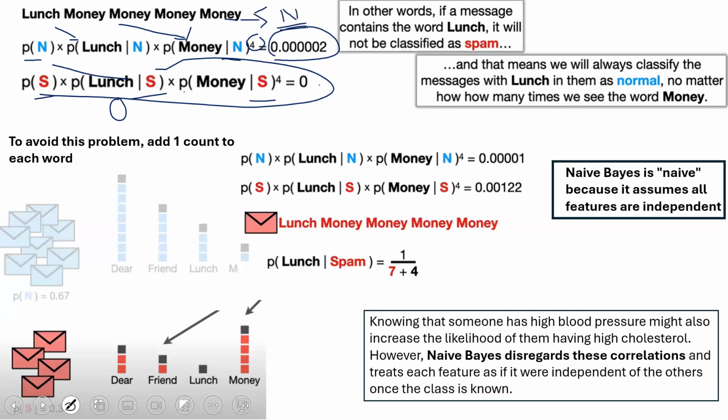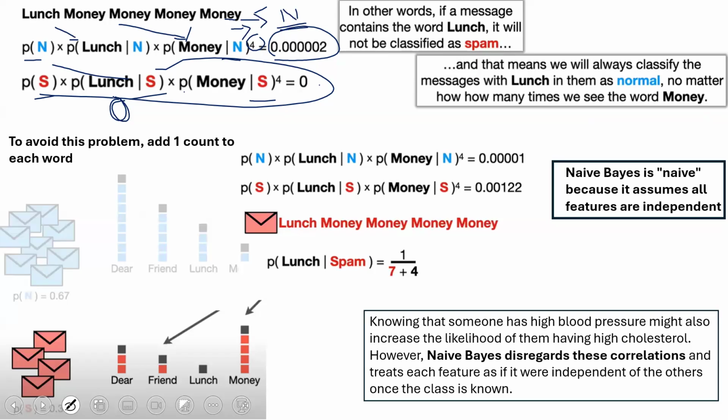And here is where we are doing a wrong thing. It doesn't matter if money comes 1,000 times or 2,000 times. When you have lunch in it, it will never consider that as a spam email, because 0 multiplied by anything becomes 0. So it will always consider the messages with lunch as normal messages.